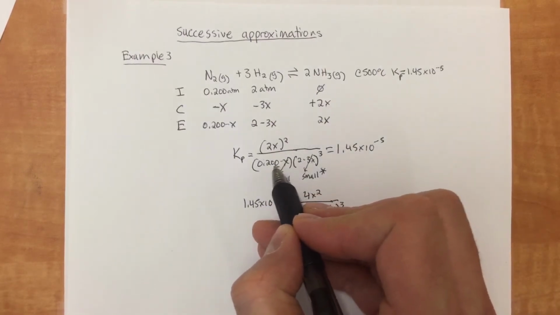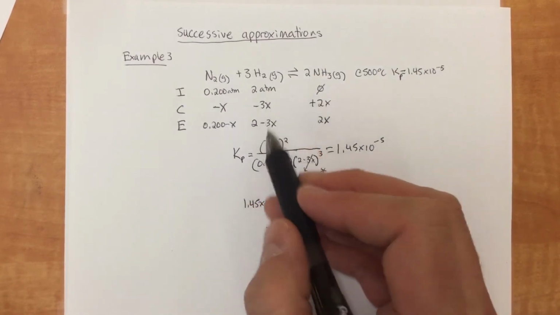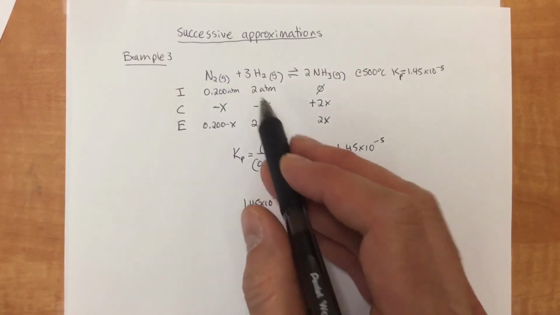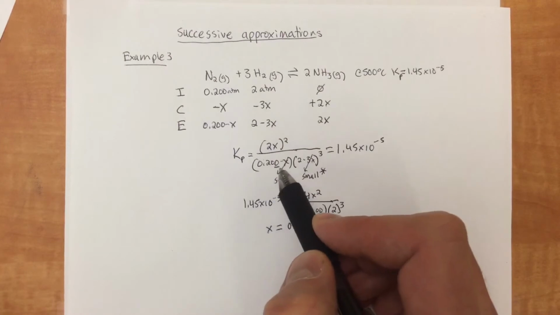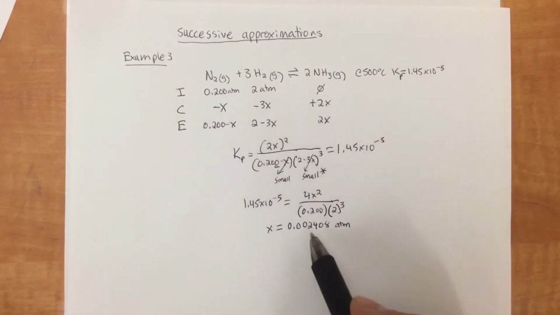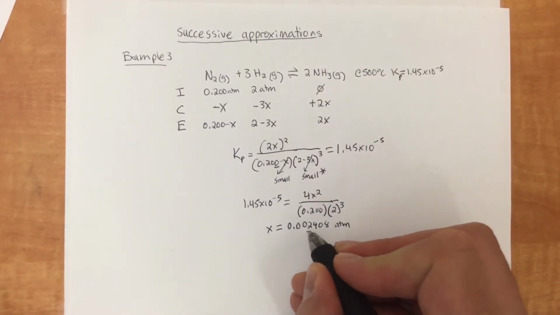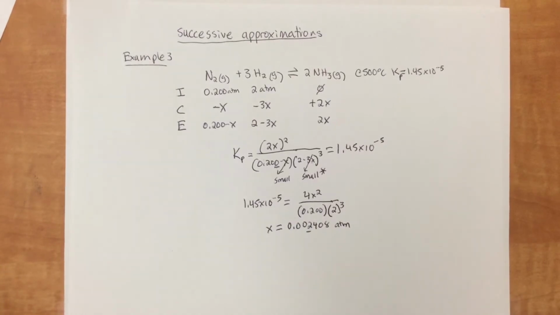Our significant digits in these initial values, I didn't give any significant digits up here, I probably should have, but 0.200 is in the thousandths place. And we have a change in x, which occurs in the thousandths place, which means our assumption that x is small didn't work.